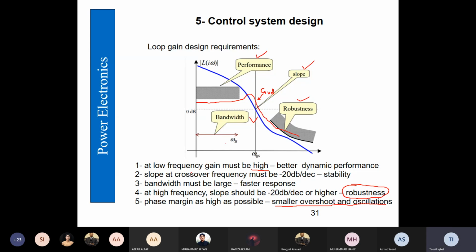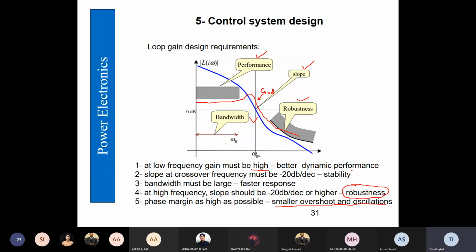So the first step, I repeat: at low frequency the gain must be high. It gives us better dynamic performance. Dynamic performance means if there is some change in, let's say, the reference voltage. We first wanted our system settled at 16 volts, and after some time we want this reference to change to another point.